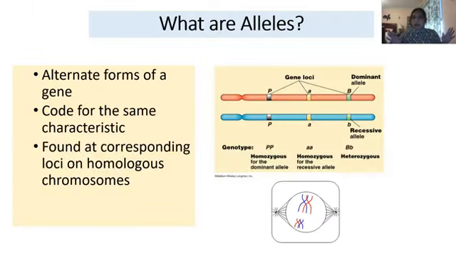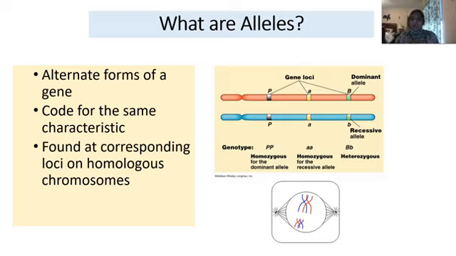So just to review some terminology and what we should be mindful of when we are looking at Mendelian genetics, we want to remember what alleles are. Alleles are essentially alternate forms of genes, so different flavors, right? Brown versus blue eyes, short versus tall, widow's peak, no widow's peak, all those things.